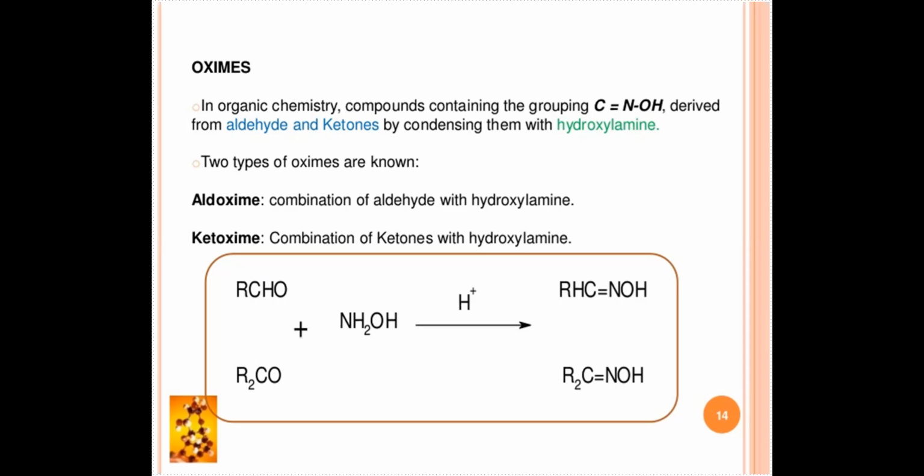If the ketone reacts with hydroxylamine, it will give you a ketoxime, and if an aldehyde reacts with hydroxylamine, you get an aldoxime. So these are the two forms of oximes which are present, depending on whether you start with an aldehyde or a ketone.